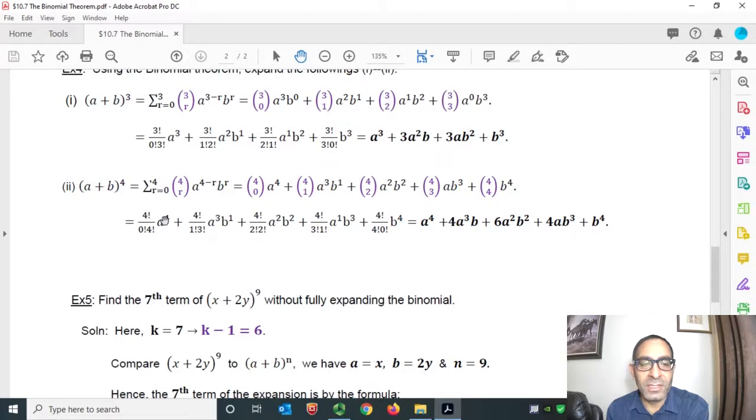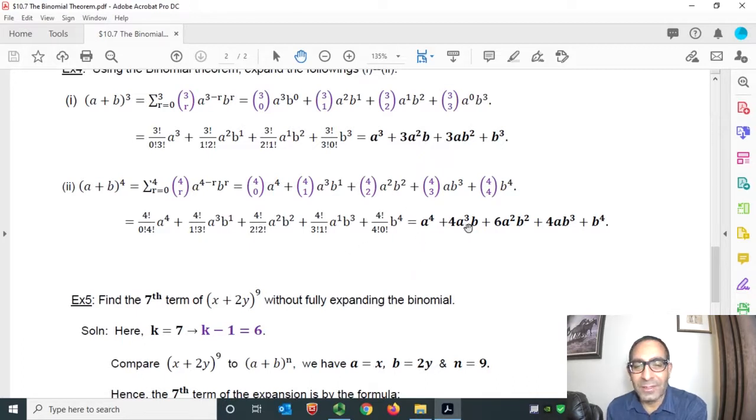A raised to the power 4 is as it is, plus 4 choose 1 is 4 factorial over 1 factorial times 3 factorial, then times a cubed b1, plus 4 choose 2 equals 4 factorial over 2 factorial times 4 minus 2, which is 2 factorial, times a squared times b squared, then plus 4 choose 3 is 4 factorial over 3 factorial times 4 minus 3, which is 1 factorial, times a b cubed, plus 4 choose 4 is 4 factorial over 4 factorial times 4 minus 4, which is 0 factorial, times b4. I hope this makes sense to you all.